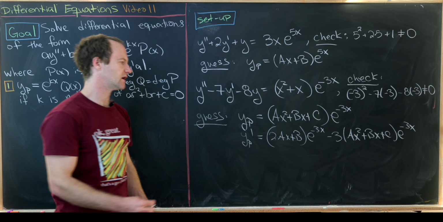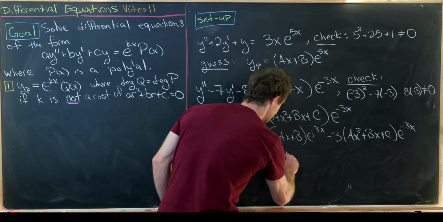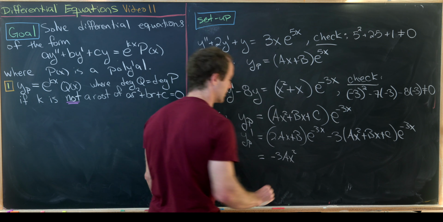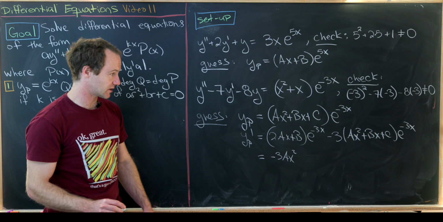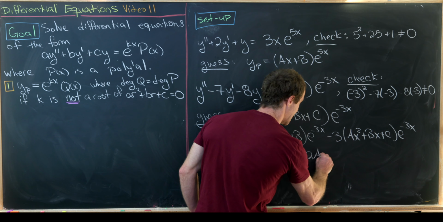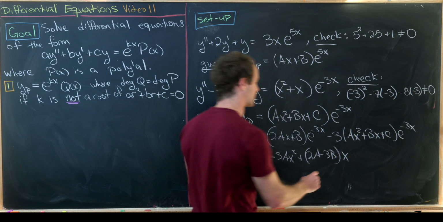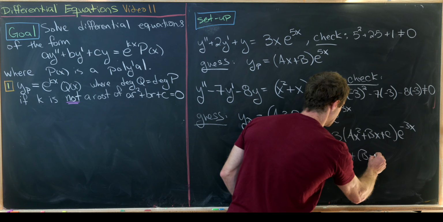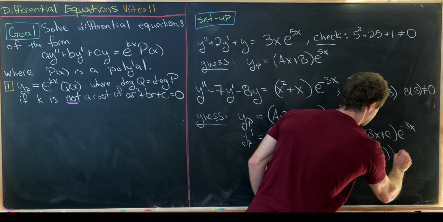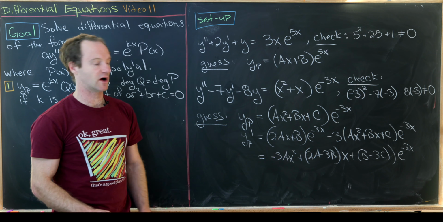And then you could maybe collect terms if you wanted to. So notice you'll have minus 3ax squared. That'll be our x squared term. Our x term will be plus 2a minus 3b times x. And then our constant term is b minus 3c. So that's all times e to the minus 3x. So that's yp prime in this case.